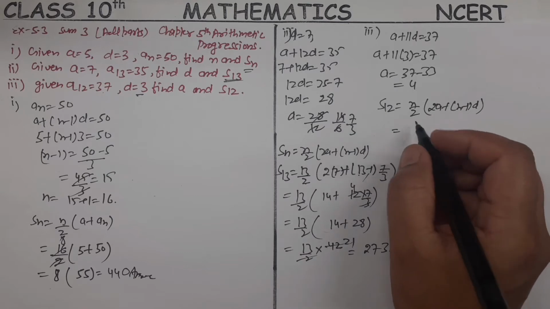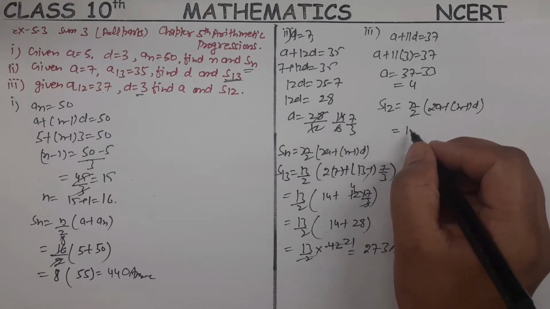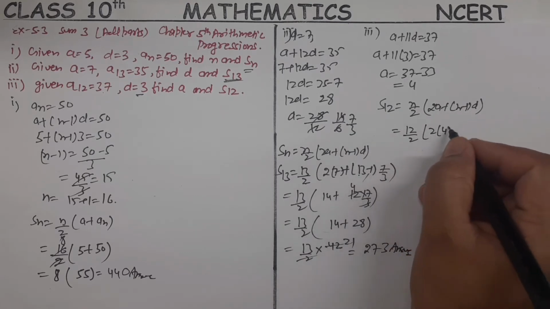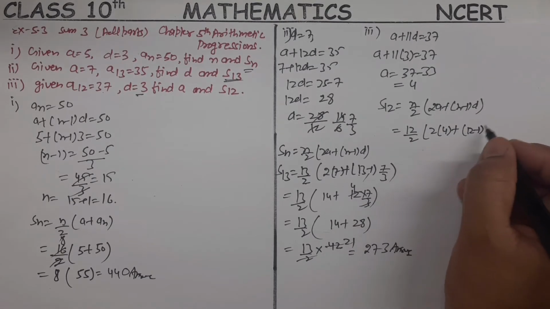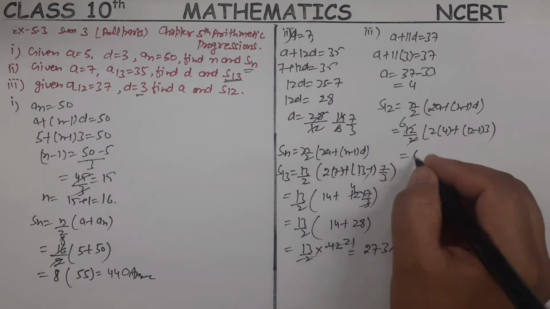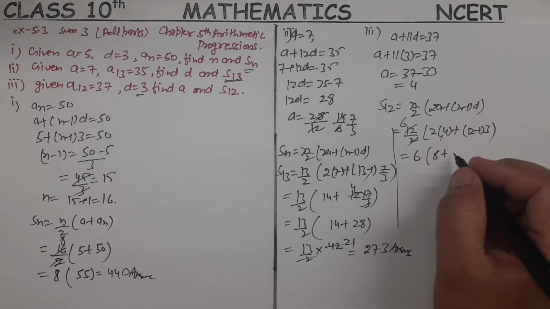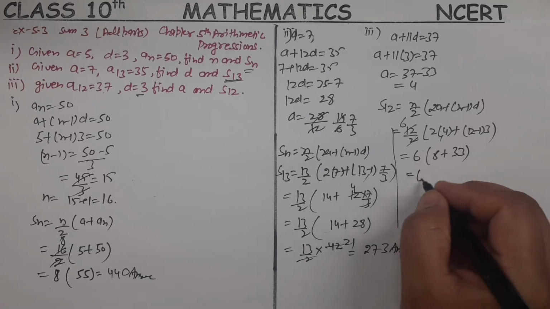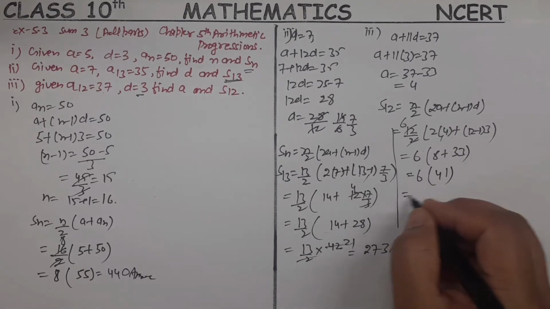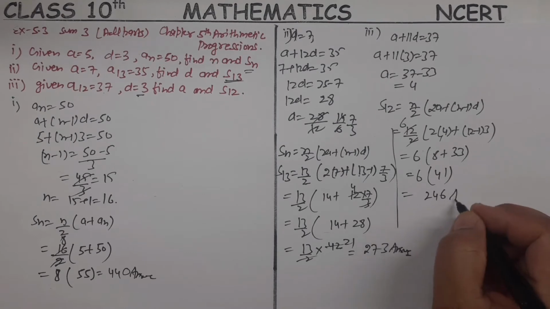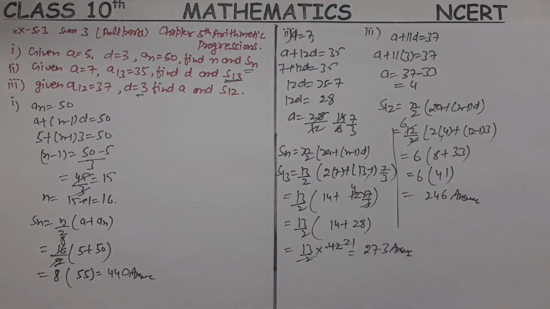Here n, that is 12 by 2, 12 minus 1, and d is 3. 2 6s are 12, 2 4s are 8, 12 minus 1 is 11, 11 3s are 33. After multiplication we have 246.